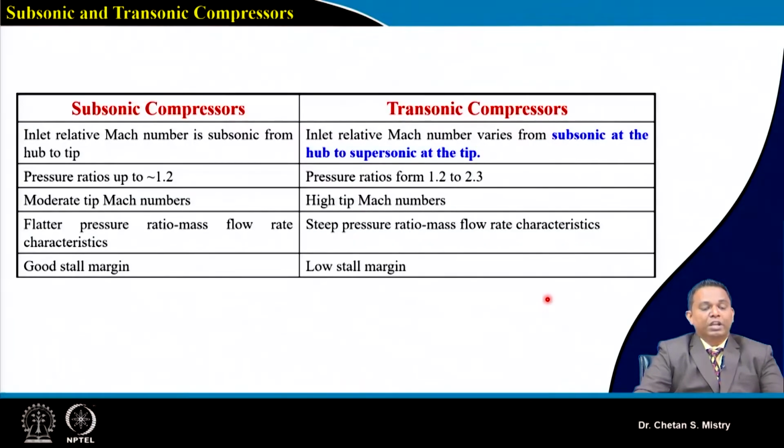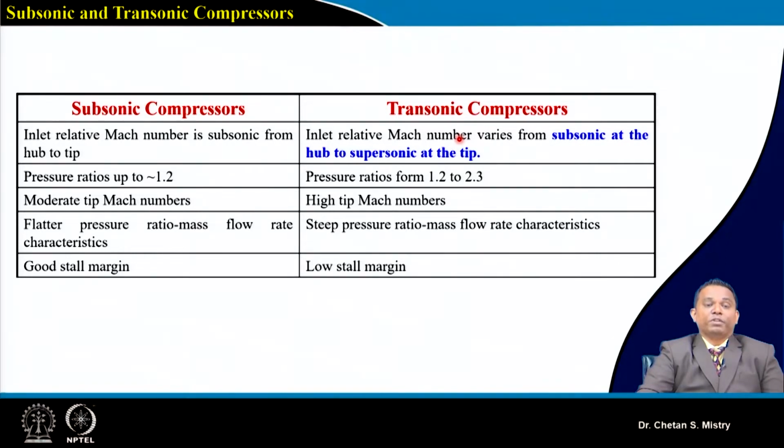Let's try to understand what we need to know for a subsonic compressor as well as a transonic compressor. The inlet relative Mach number is subsonic for a subsonic compressor. For a transonic compressor, the inlet relative Mach number varies from subsonic at the hub to supersonic near the tip region.